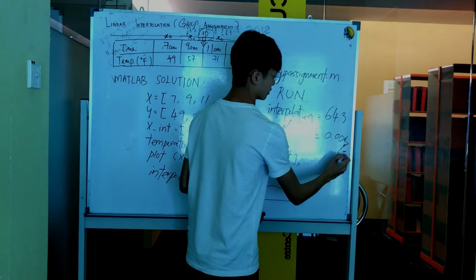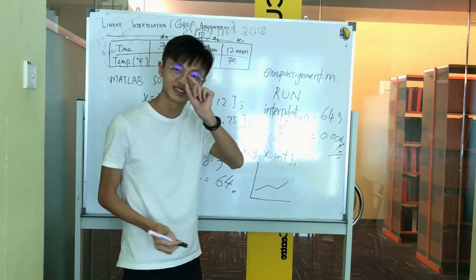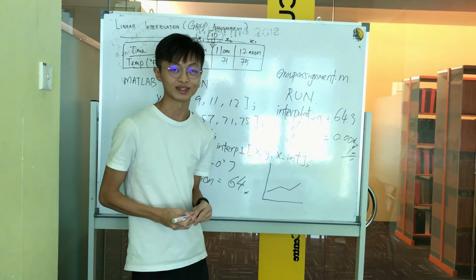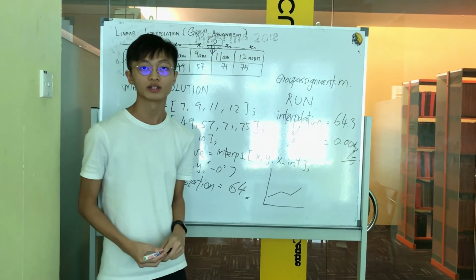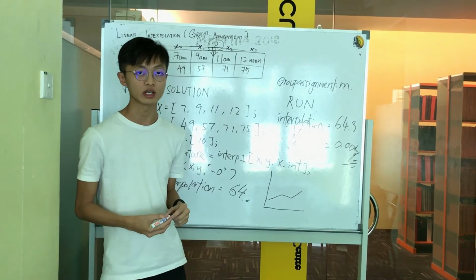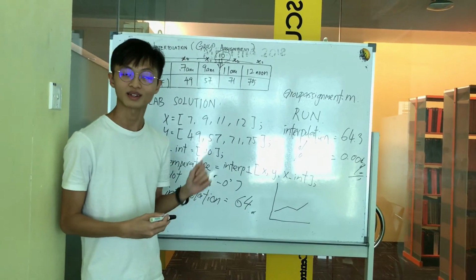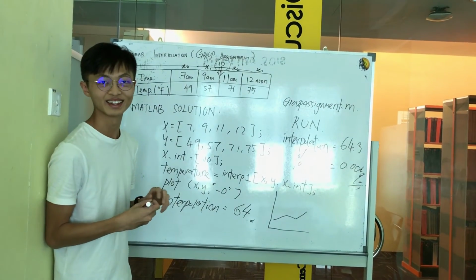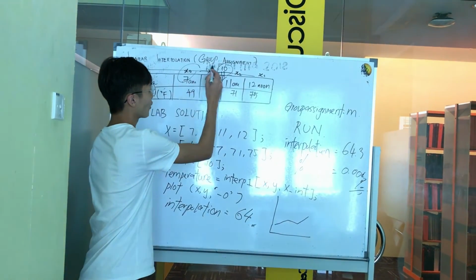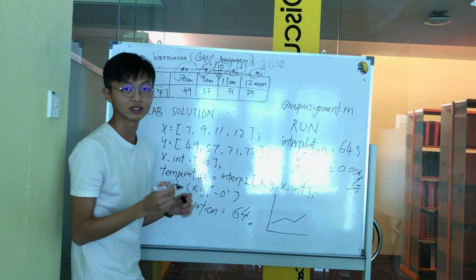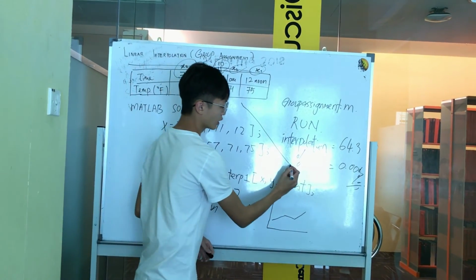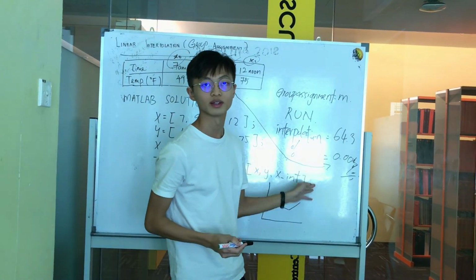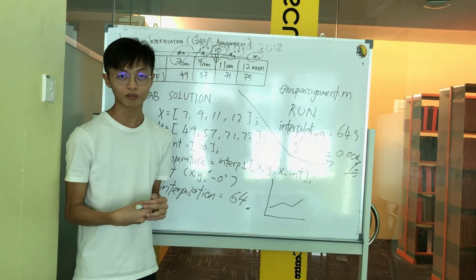Just a slight difference. But this is because Lagrange interpolation is more accurate, because it uses all 4 points inside the formula. So we can get 64.3. So this is our group assignment.